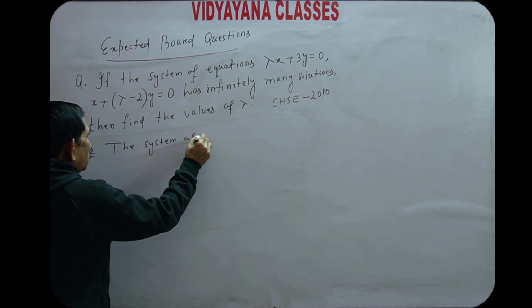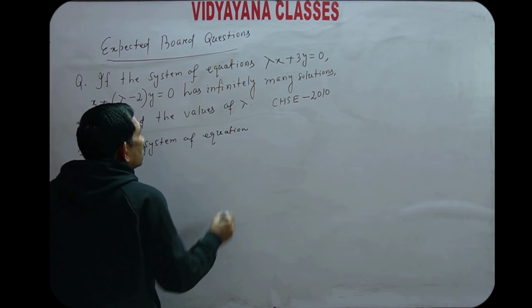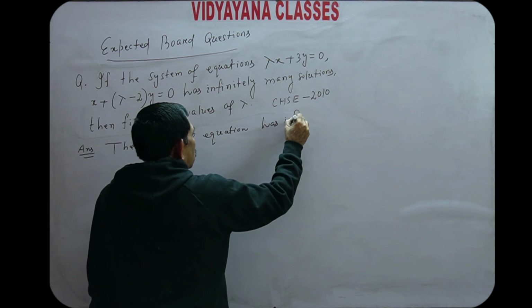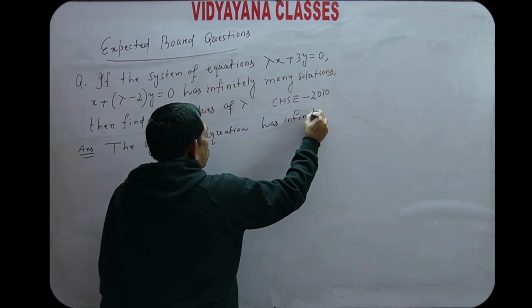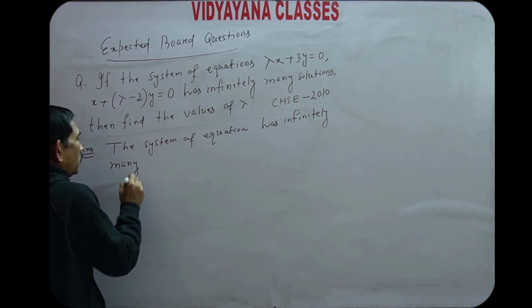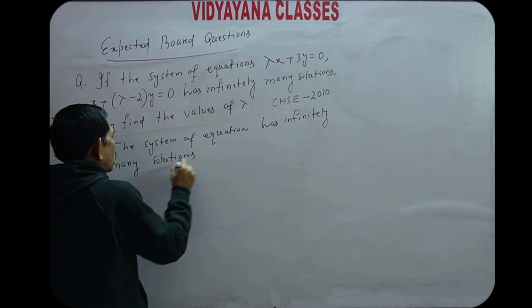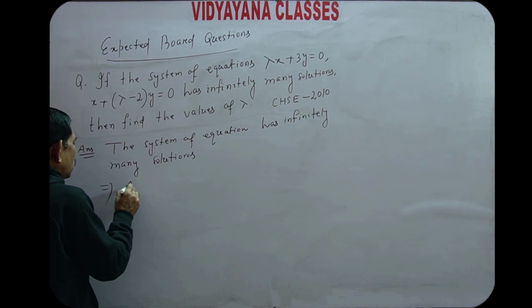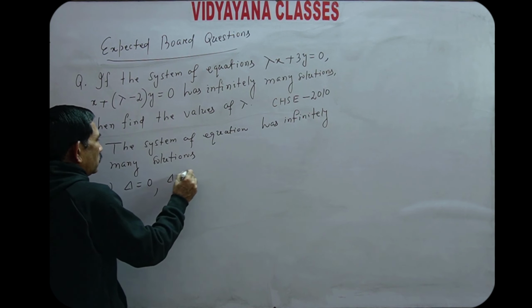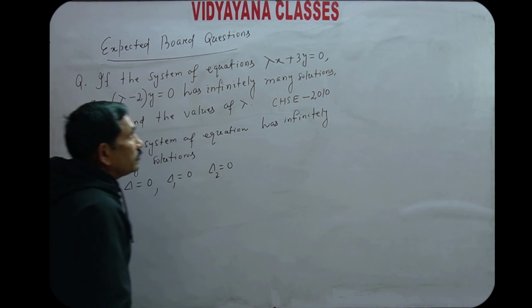The system of equations has infinitely many solutions implies Δ = 0, Δ1 = 0, Δ2 = 0.